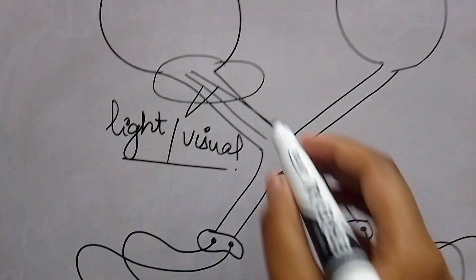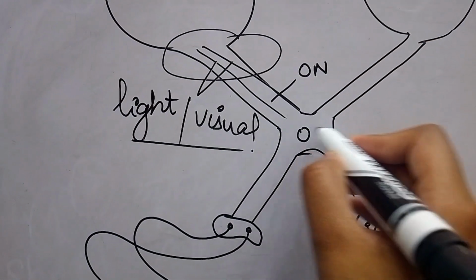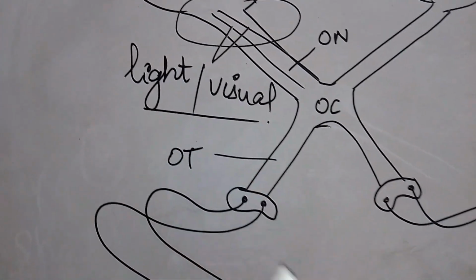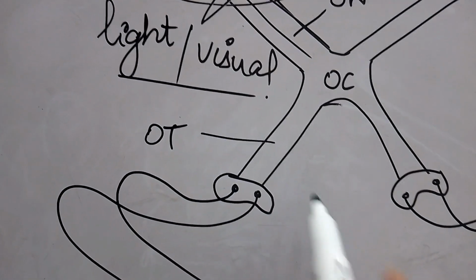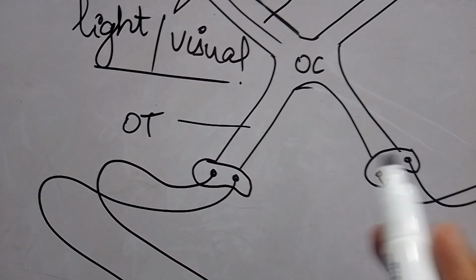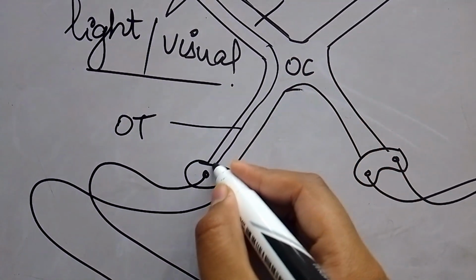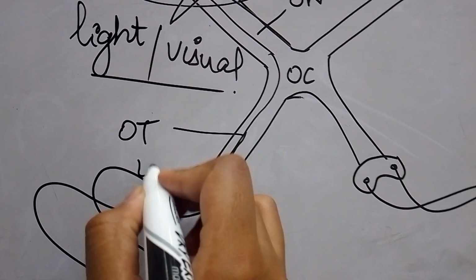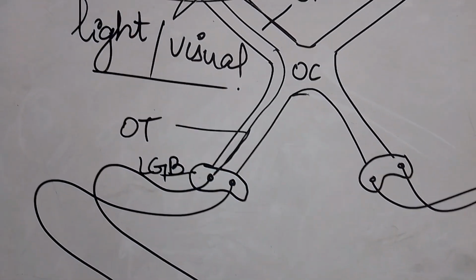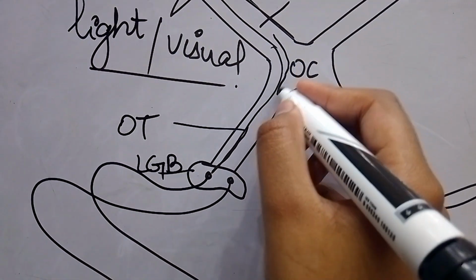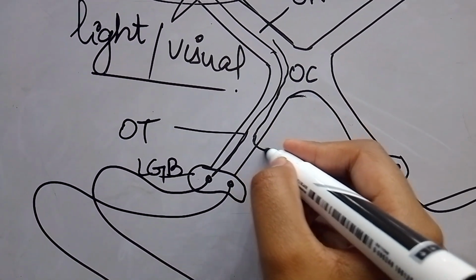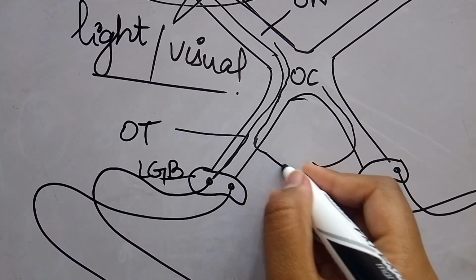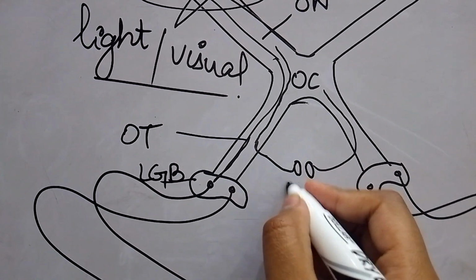So now from the optic nerve, the light fibers get into the optic chiasm, then they get into the optic tract. But what happens at the level of the optic tract? The VL fibers move towards the lateral geniculate body, right? But the light fibers coming from the optic nerve move posteriorly, towards the midbrain, to the pretectal nuclei.